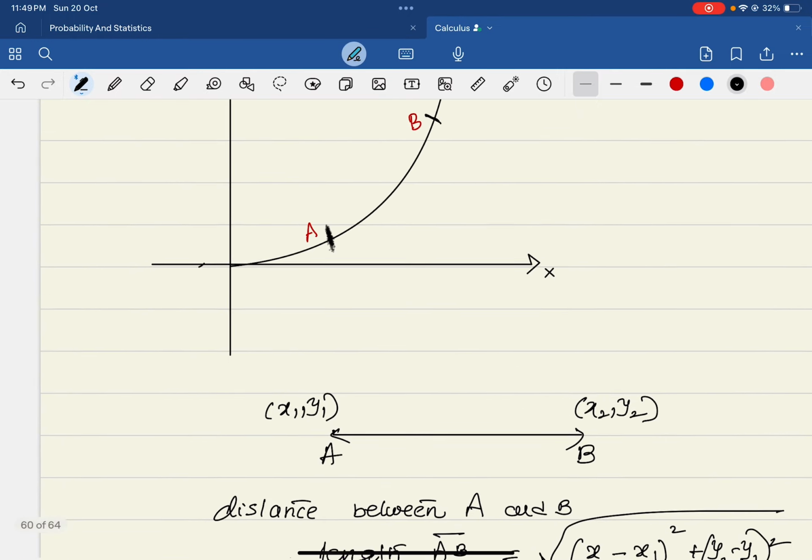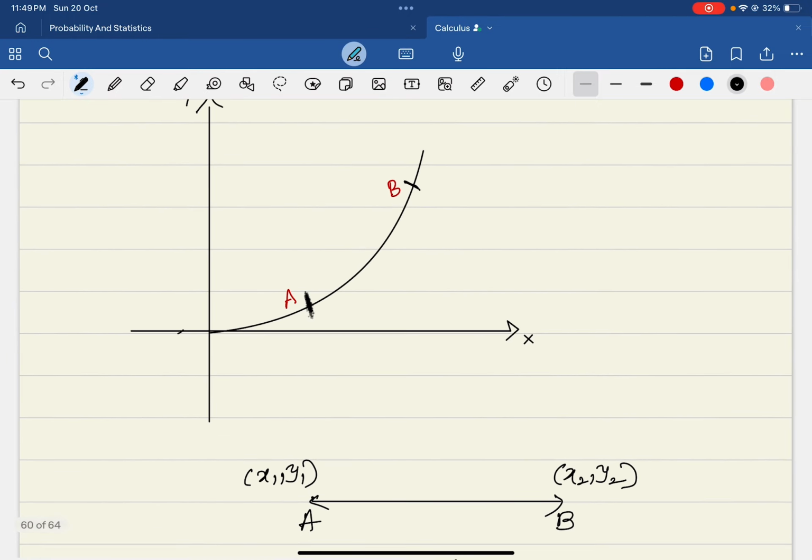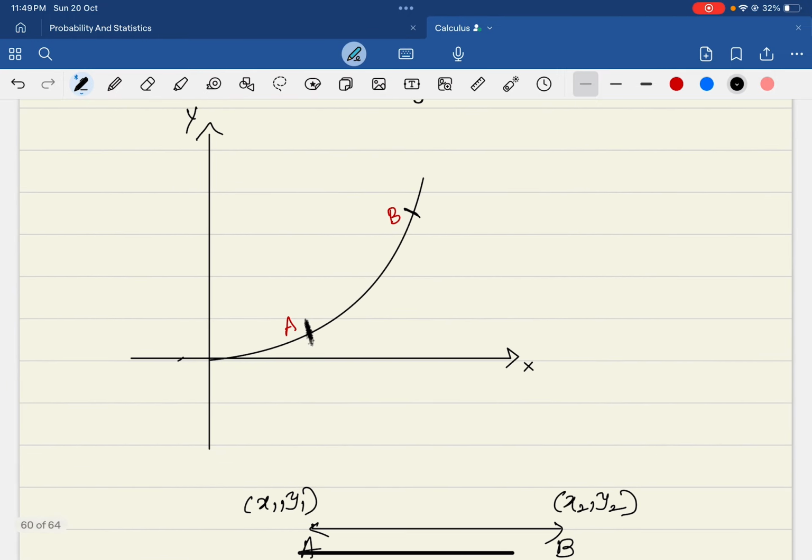Now when I talk about the arc length, that means the length of this arc AB, what we do is draw a tangent at a particular point.